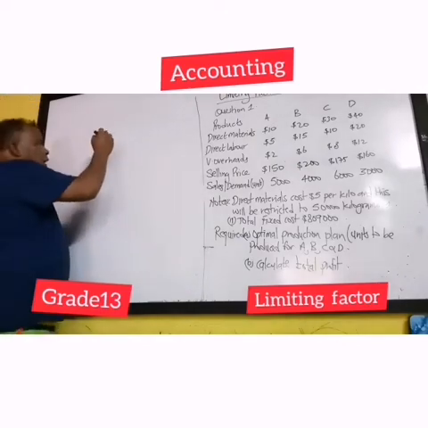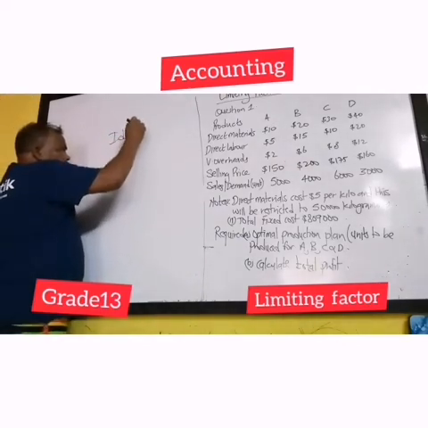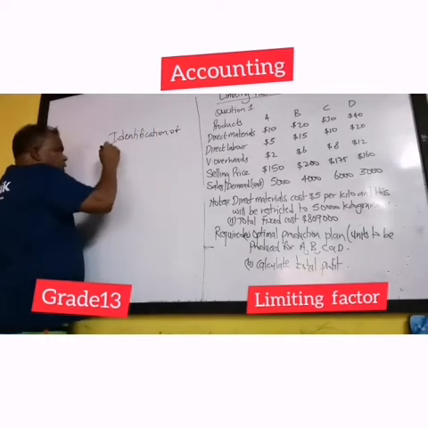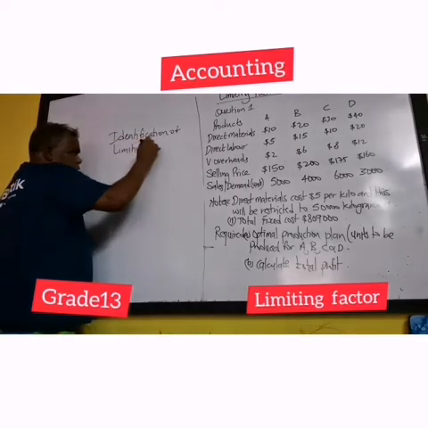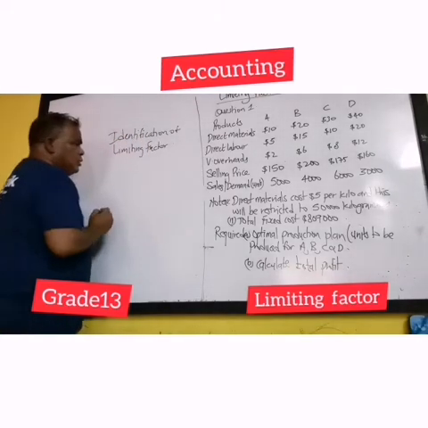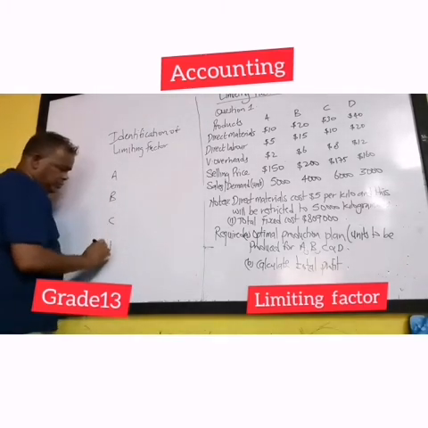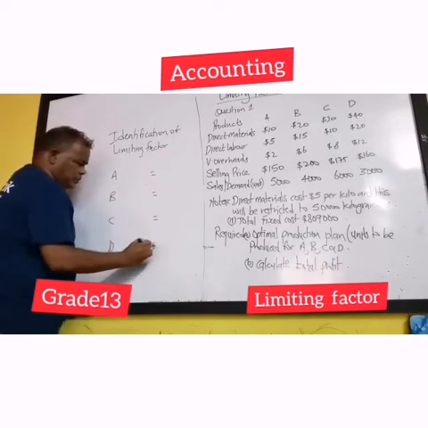So first of all, we have step 1, identification of limiting factor. Now first we have A, B, C, D. So what is the material cost for A?